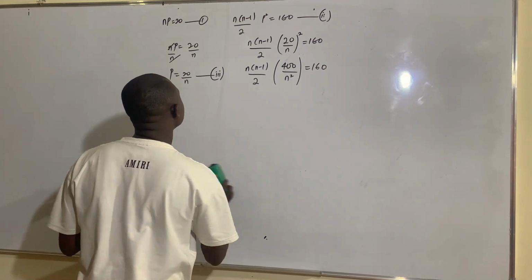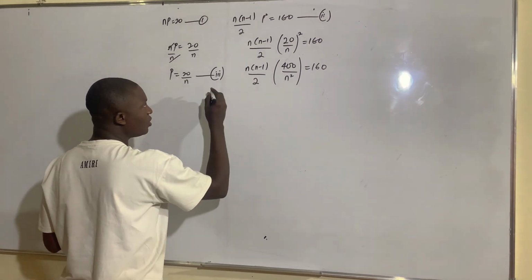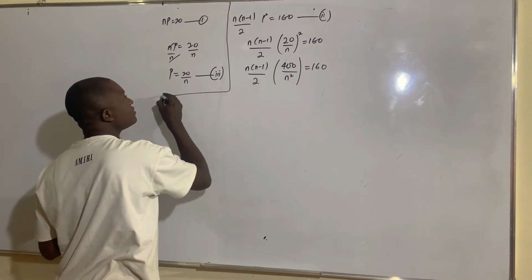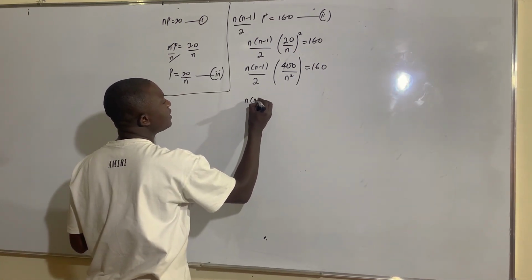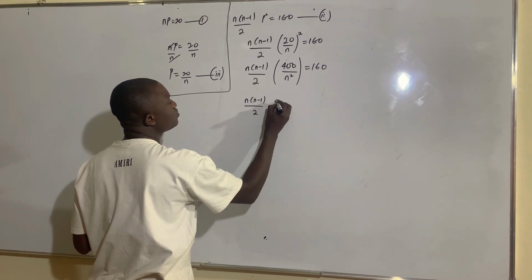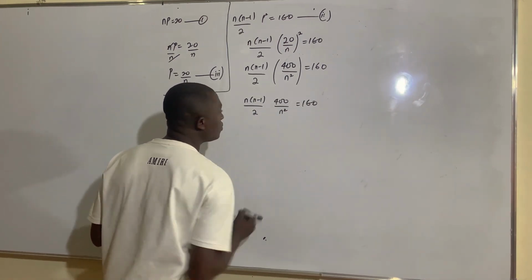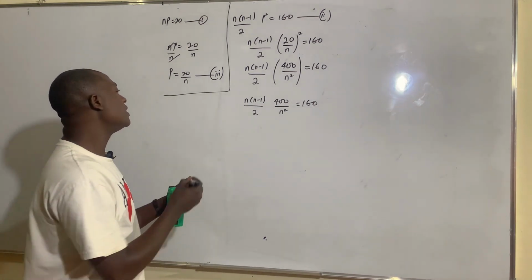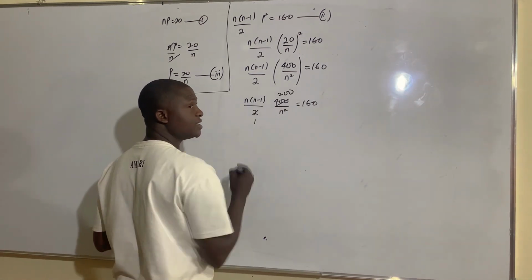So I think you are following. Now let's look at this. What we have here is n minus 1 all over 2, times 400 over n squared, equals 160. I can easily reduce this term. You can see 2 into 400 is 200, right?